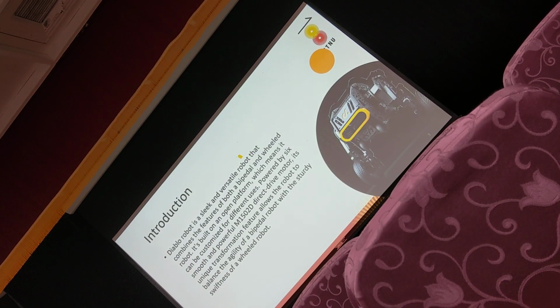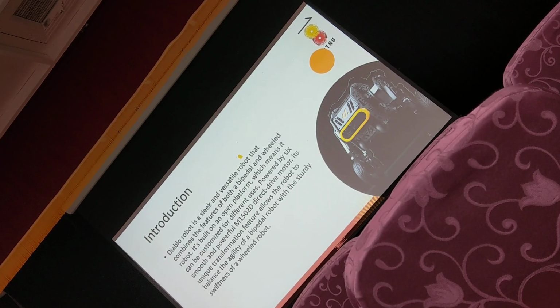My project has two parts combined. One is the upper body, and the other is the Diablo robot. The Diablo robot is a sleek, vertical robot that combines the features of both bipedal and wheeled robots.